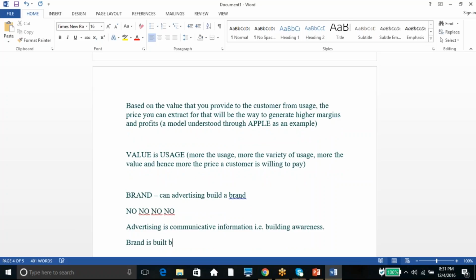Brand is built by consistent customer experience against promises made.